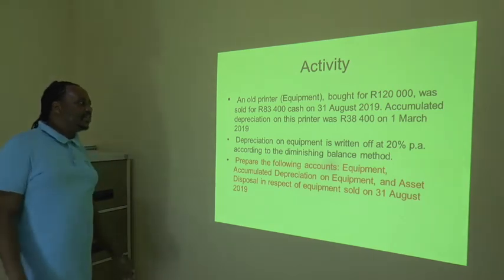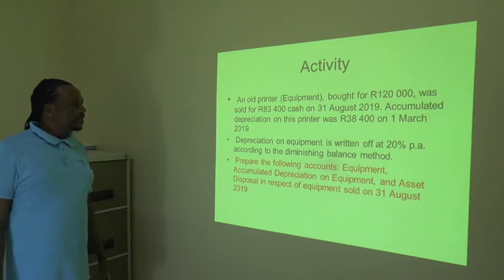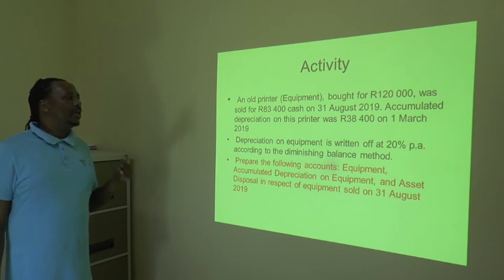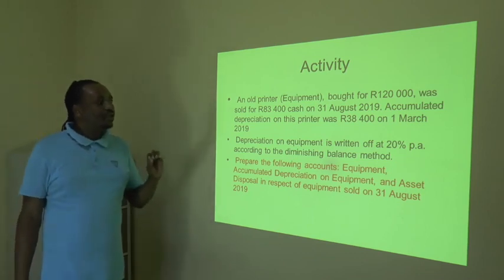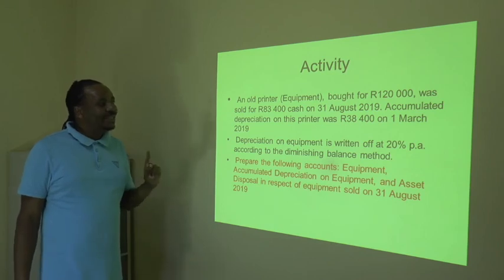This is an activity that you are going to do under tangible assets, under asset disposal. There's an old printer equipment bought for 120,000 and then sold for 80,400 in cash on the 31st of August 2019. Accumulated depreciation of this printer was 38,400.